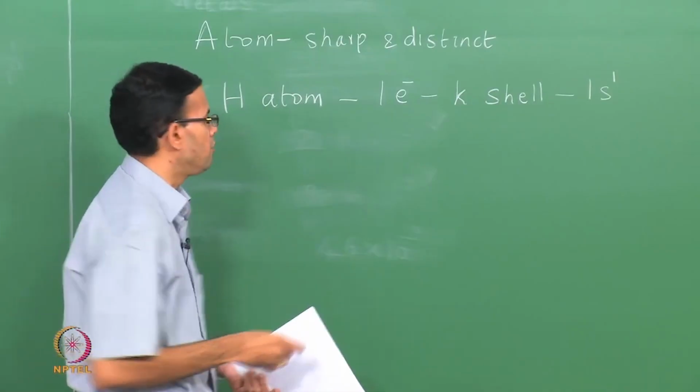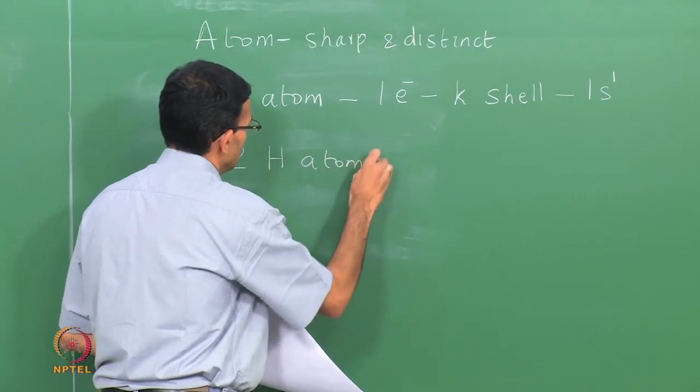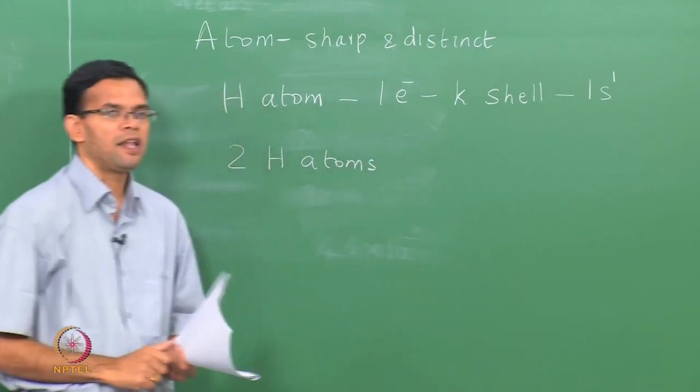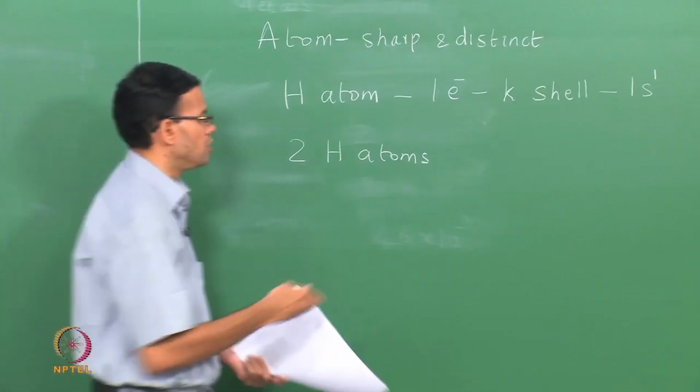What happens when we have two hydrogen atoms come together? When we have two hydrogen atoms, you have two 1s atomic orbitals that come together. These interact and give you two molecular orbitals.